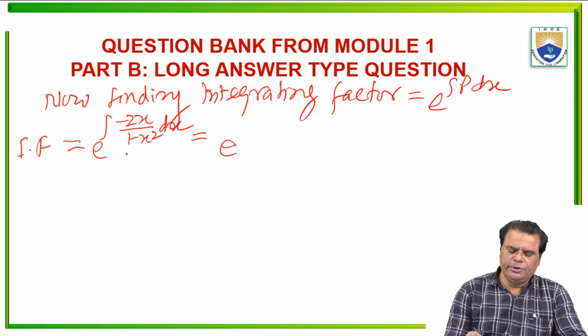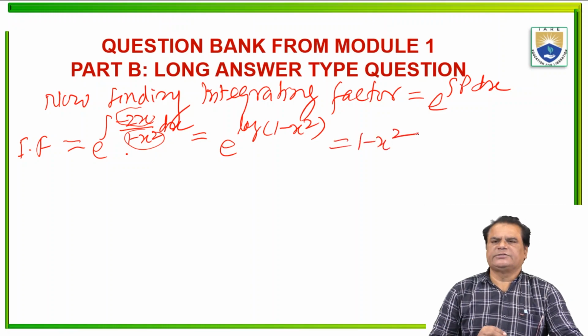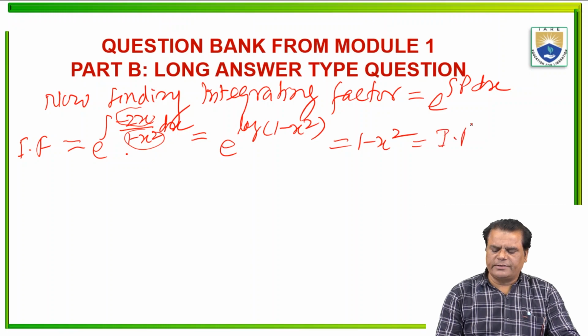So this equals e to the power, this numerator is the differential of denominator, so we can write log of 1 minus x square. So e to the power log 1 minus x square is 1 minus x square only. This is the IF, integrating factor.